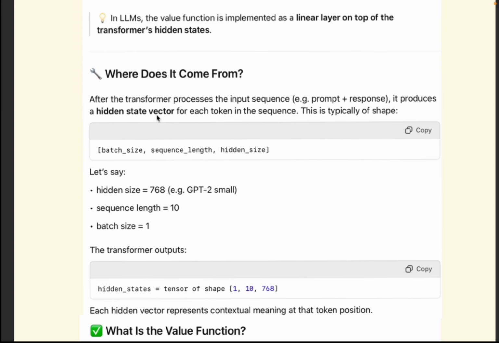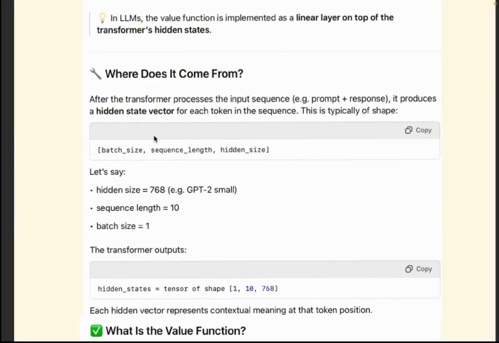Remember, when we want to generate a token in large language models, we give it to the transformer layers, and we have the hidden states, and those hidden states output the next token after the feed forward layer.